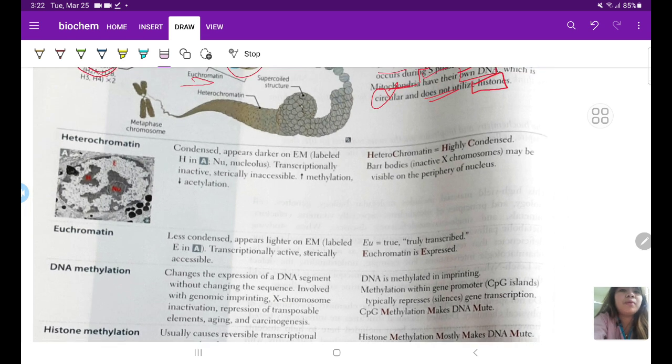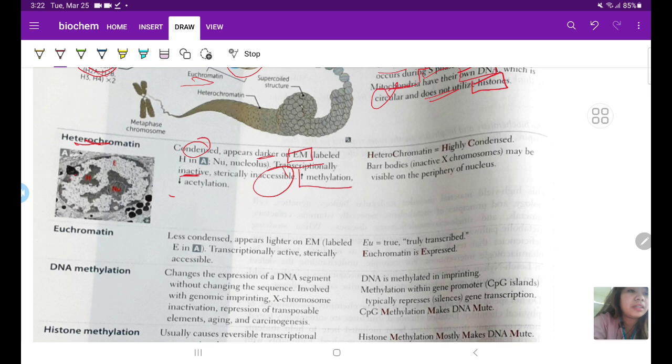In heterochromatin, this is condensed, appears darker on electron microscope. It is transcriptionally inactive and sterically inaccessible.